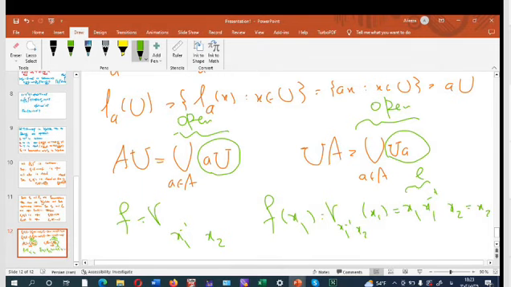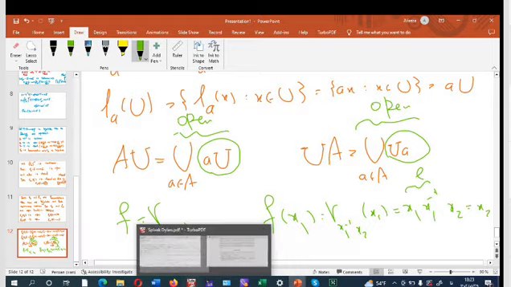So F of X1 equal to X2, and we have this property.